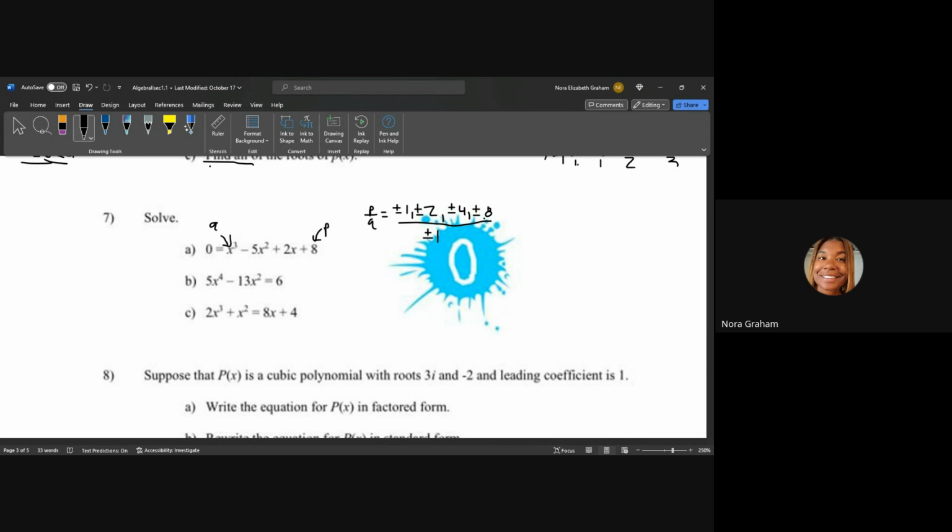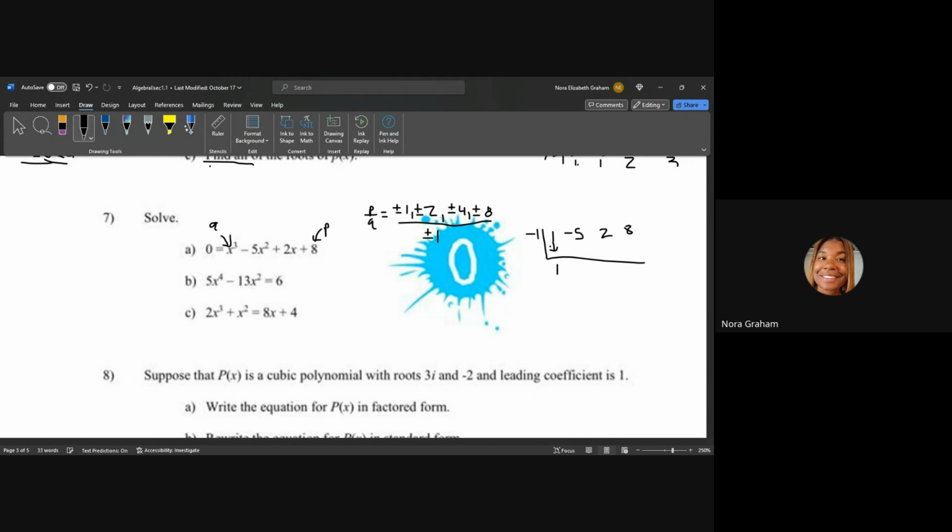All right, so mostly all these p's are all my possible roots. So now I'm going to go on and try to test some of these. All right, so let's go ahead and try to test -1. When I try to test -1, I list down all my coefficients. So I have 1, -5, 2, and 8. I drop down this one.